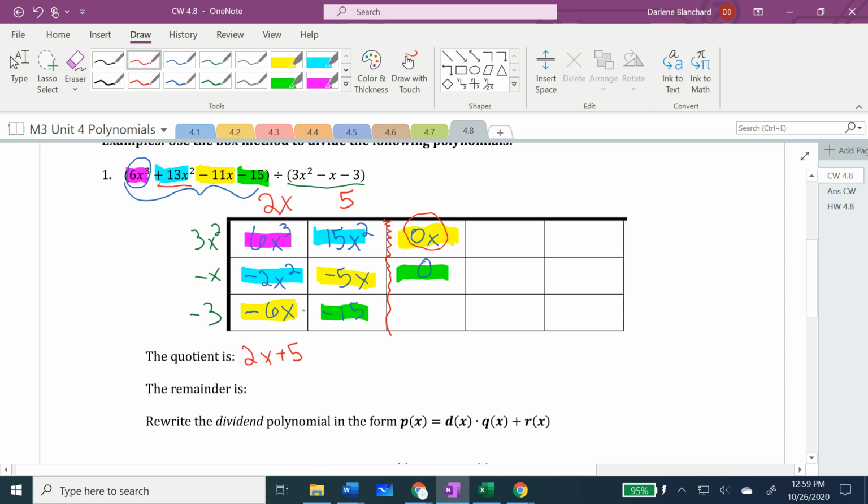So when it came to the x's, I needed to make negative 11x when I added these three. And after doing the division, I found that I already had negative 6x plus negative 5x. And I was looking at what else do I need to add to make negative 11x, and I don't need to add anything. And I don't have to write down 0x.